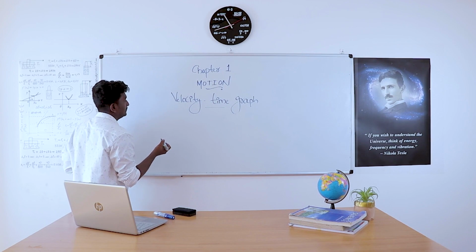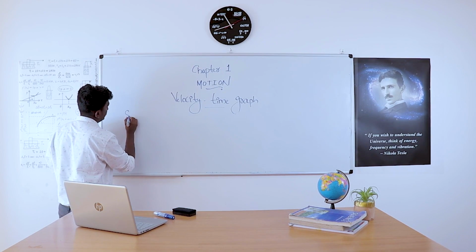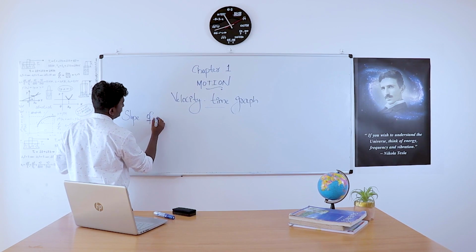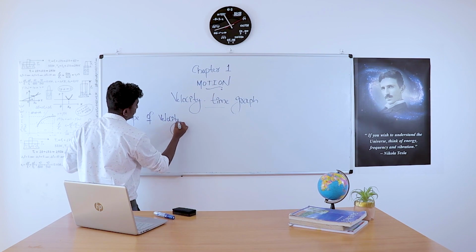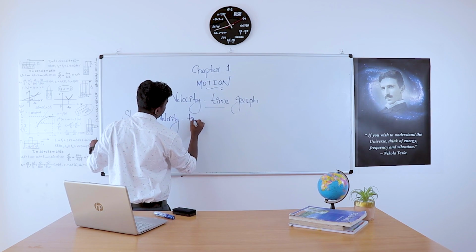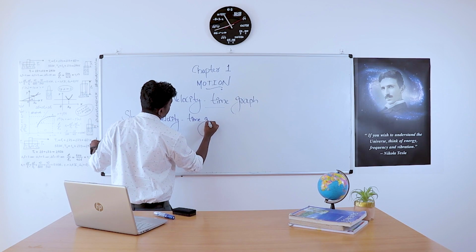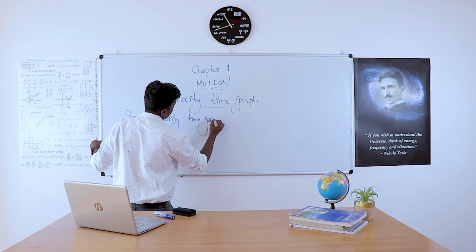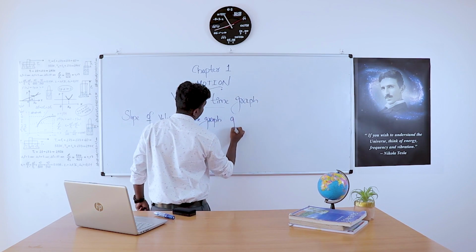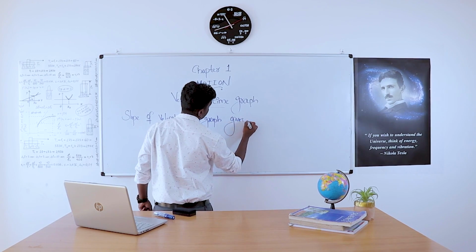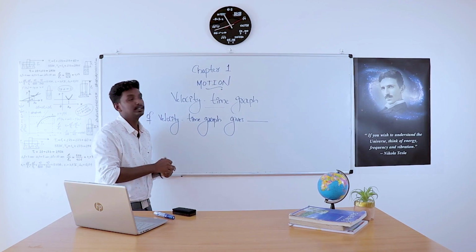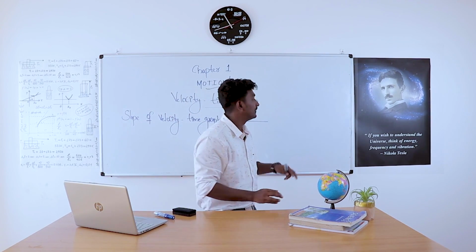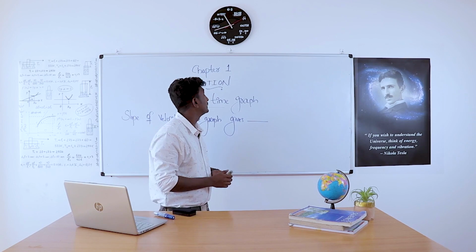Like what we did in position time graph, here also slope of velocity time graph gives dash. We are getting a term. We have to find the term. Just using the graph, we can find the term and then fill in the blank space.